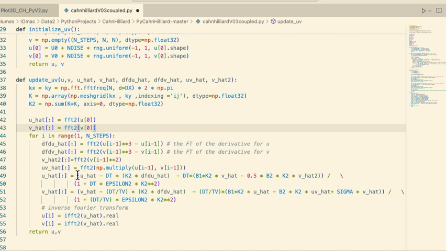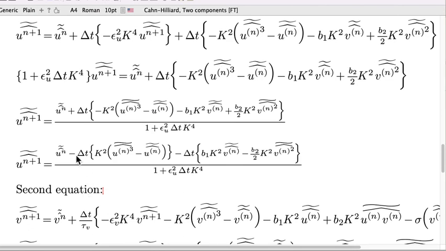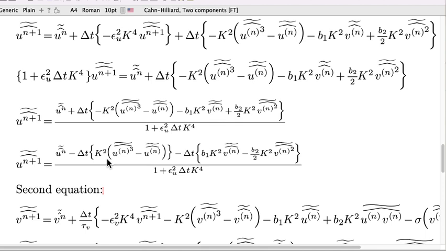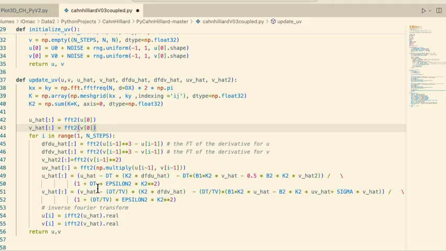So when I have all these terms, I'm going to construct my function for u hat. U hat is this, you see, you have u hat first, then dt k2, and then multiply by this df du. Df du is this part here, minus dt k2, and then right there, this part here.